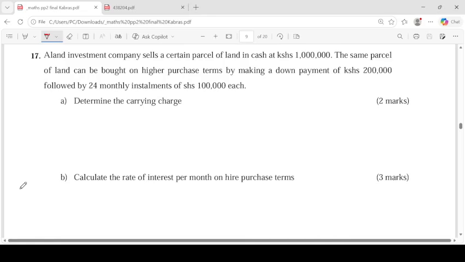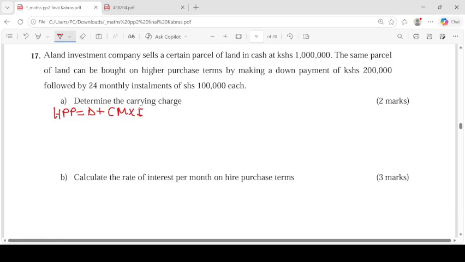First of all, let us compute the hire purchase price, the price if bought on hire purchase. The hire purchase price is usually given by the deposit plus the total monthly installments, given by the number of months times each installment. So here the deposit is 200,000 plus the number of months, 24, multiplied by each installment, 100,000.